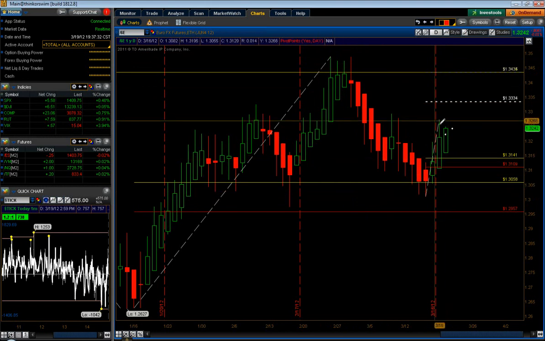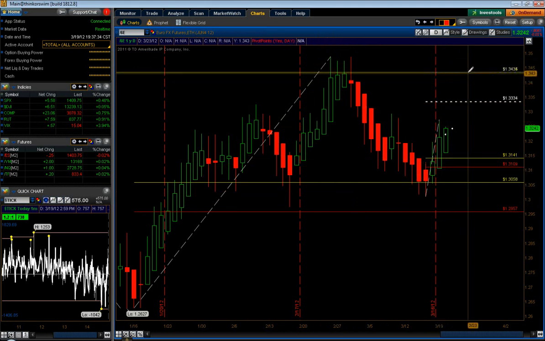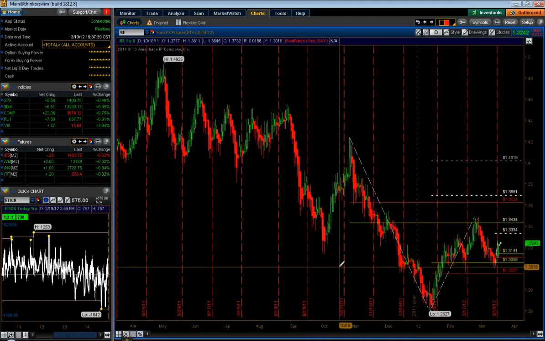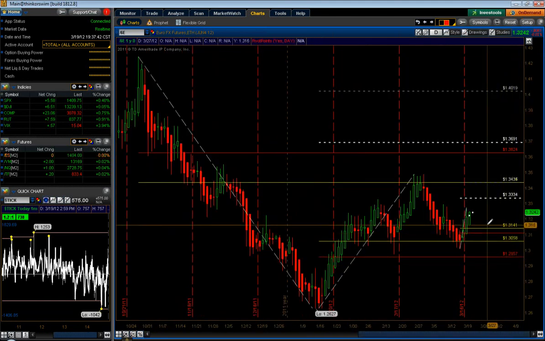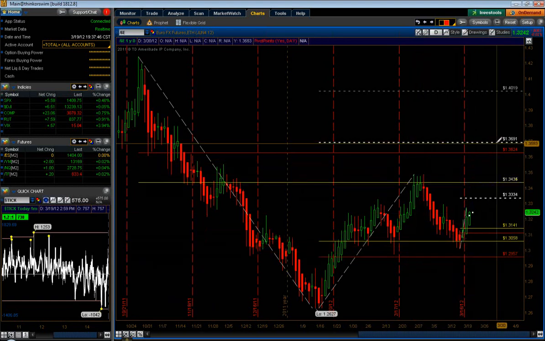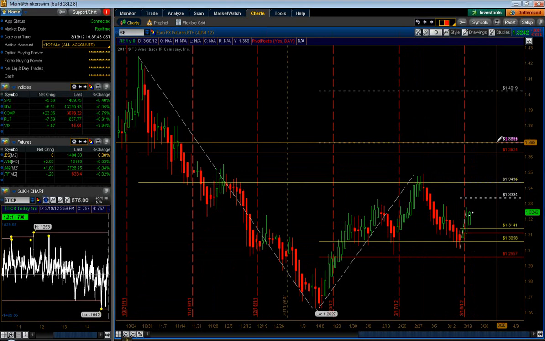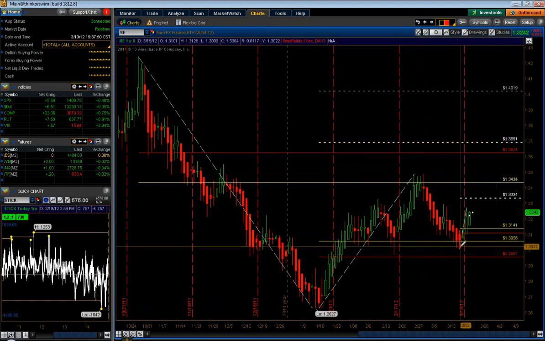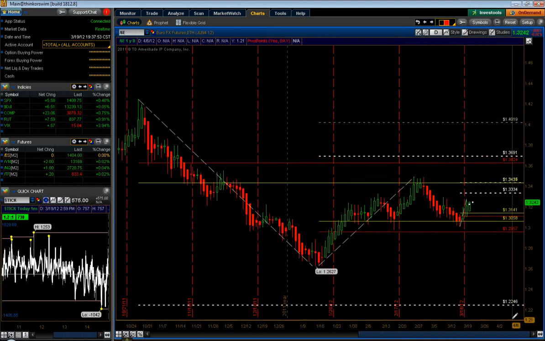So we'll be looking for longs up into the daily, this big weekly short, and we'll be paying attention to whether or not we break highs and continue to the long target, or whether or not we break lows and continue down to the big weekly target.